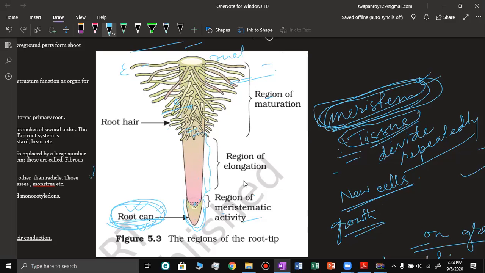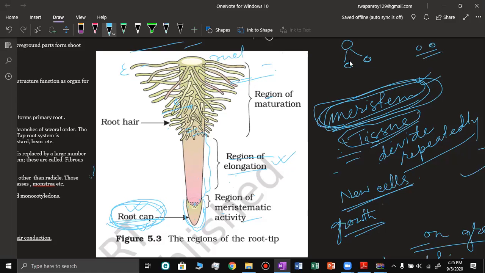Beyond this, above this portion, in this region, there is a region of elongation or zone of elongation. Actually, when new cells are produced from cell division, these cells are very small, as newborns are very small compared to an adult.